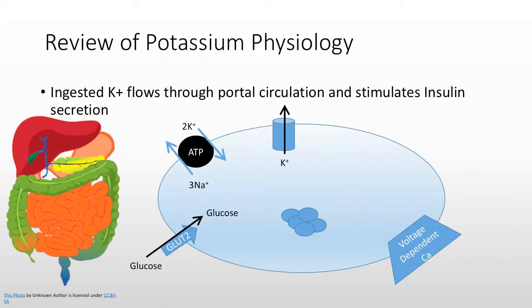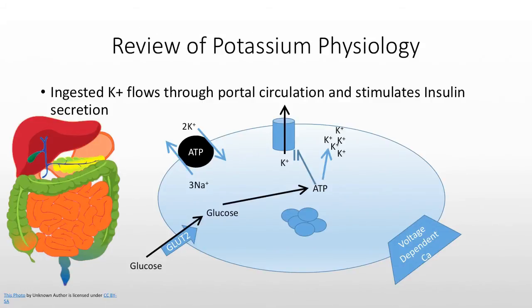Whenever we eat and we get a glucose load, that glucose can move in freely through the GLUT2 transporter. It's then metabolized into ATP, and it gets a whole excess of ATP. That ATP will then inhibit this potassium channel. The potassium level builds up and the membrane potential moves from minus 70 to minus 50.